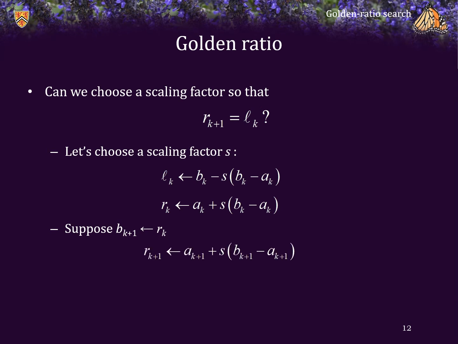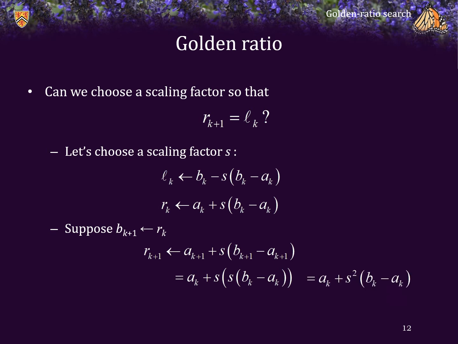Well, with the next iteration, r sub k plus 1 is the new a sub k plus s times the new interval. But wait a second. The next a was the previous a, and the width of the new interval is s times the width of the original interval.